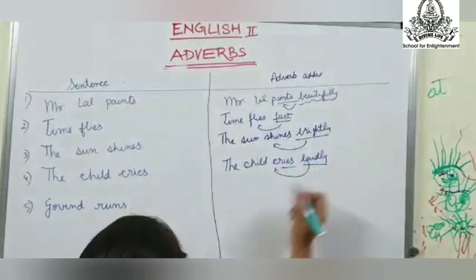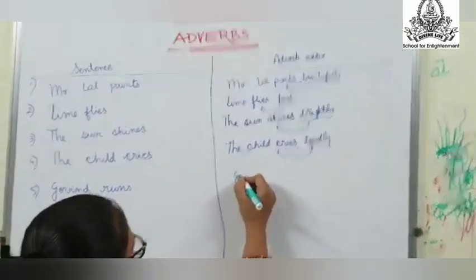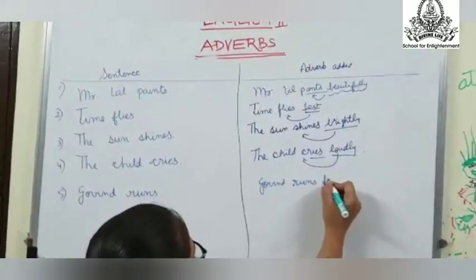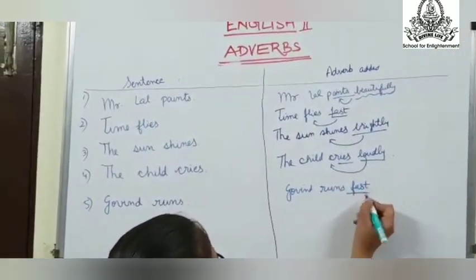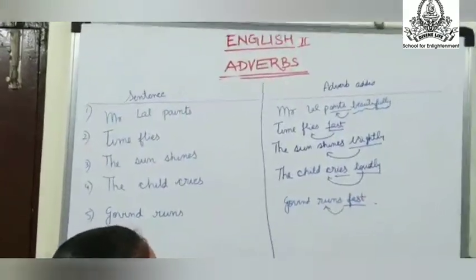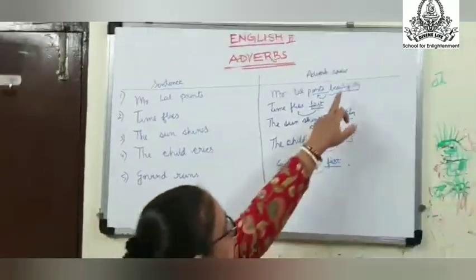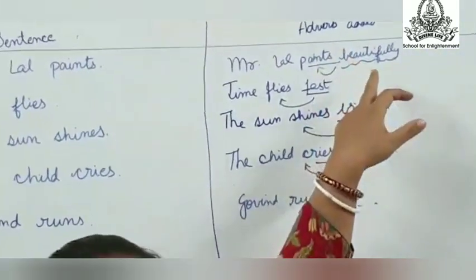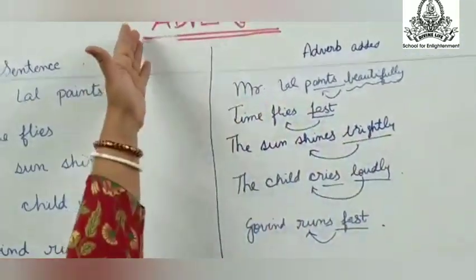Loudly is adding to cries. Coven runs fast. Fast is adding to runs. So we see how an adverb is adding to the value of the verb or is telling us more about the verb. These are adverbs.